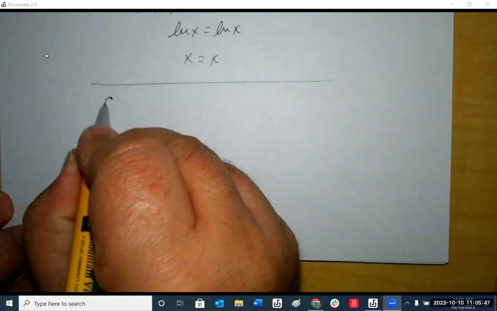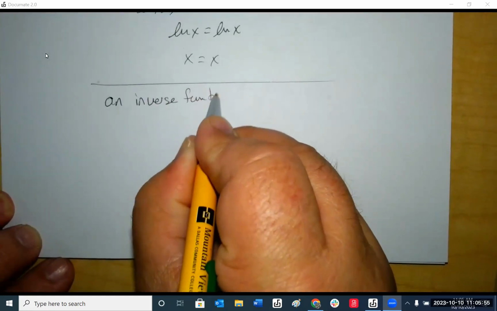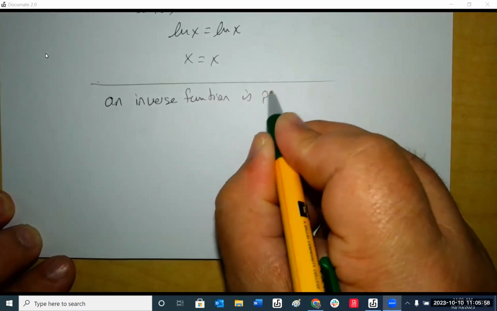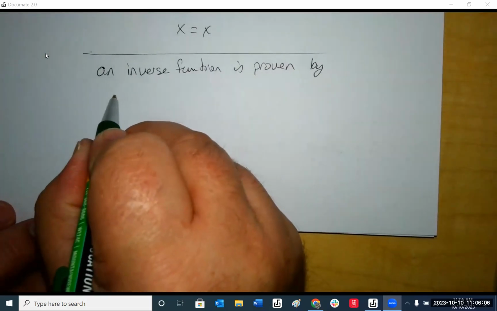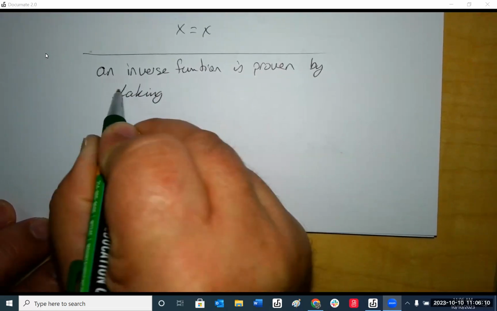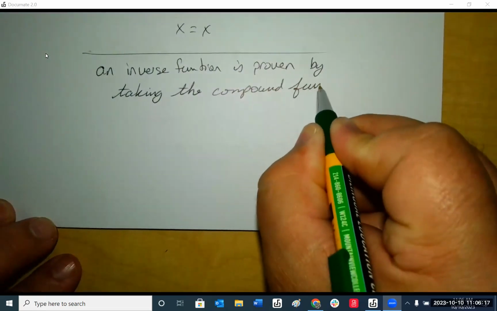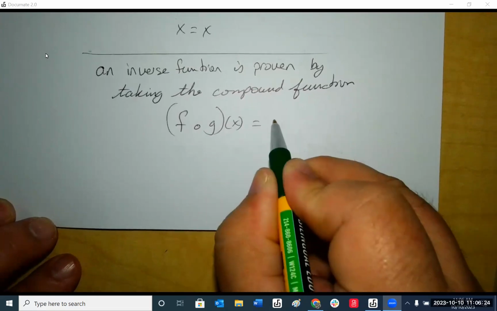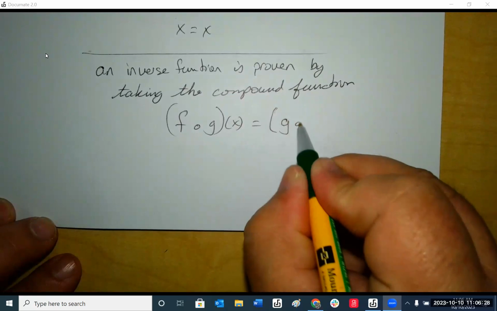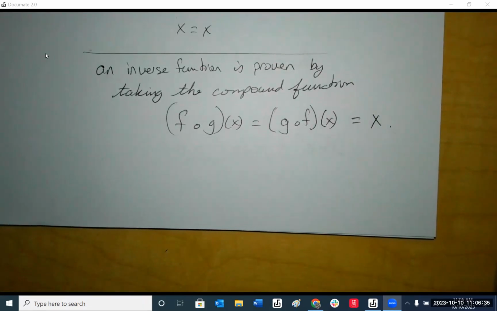And by definition, an inverse function is proven by taking the compound function f of g of x, or this equals g of f of x, which always equals x, which is what we just proved. This is an algebraic property.